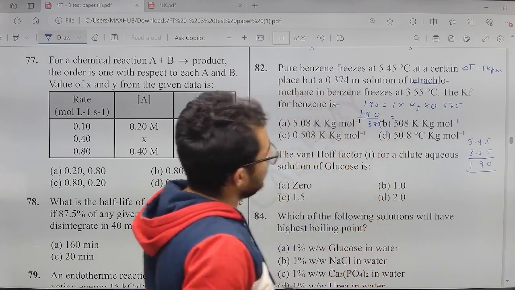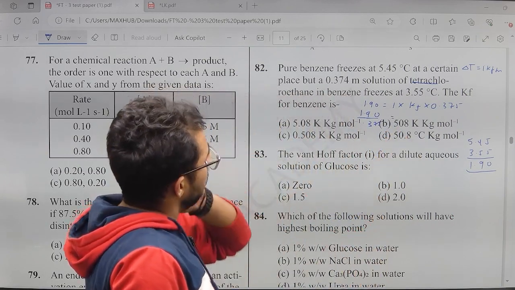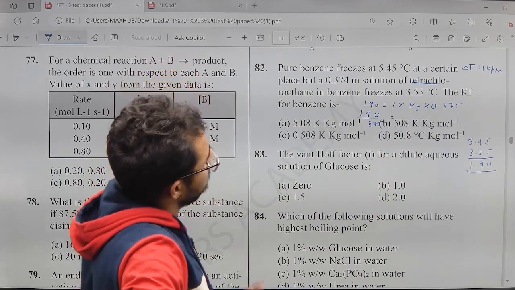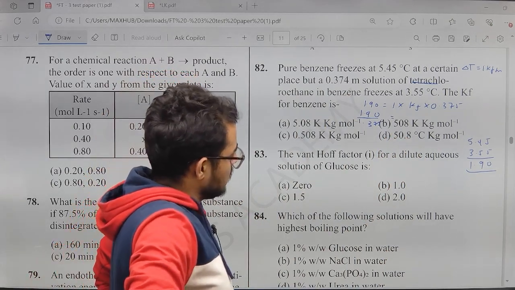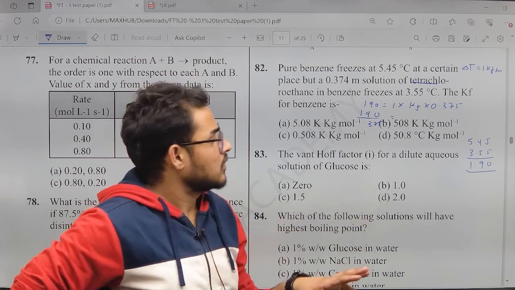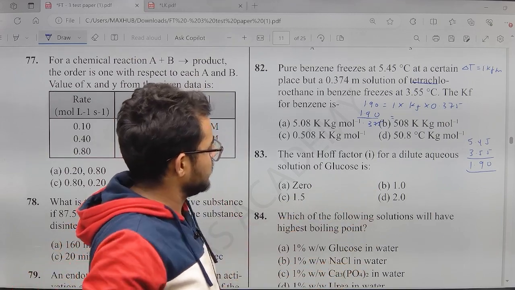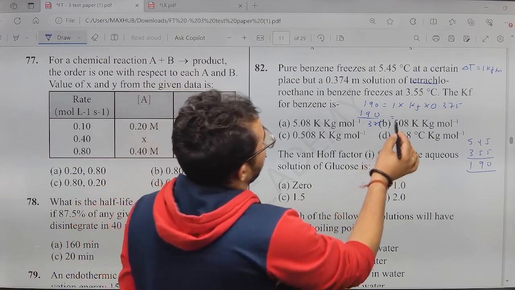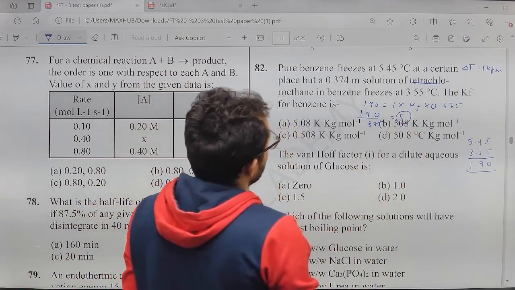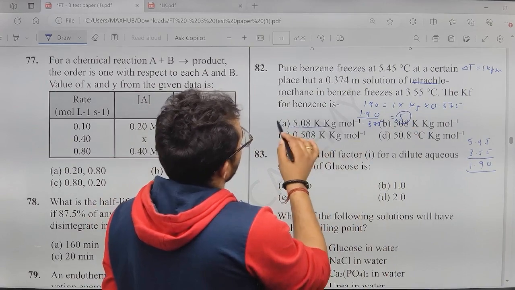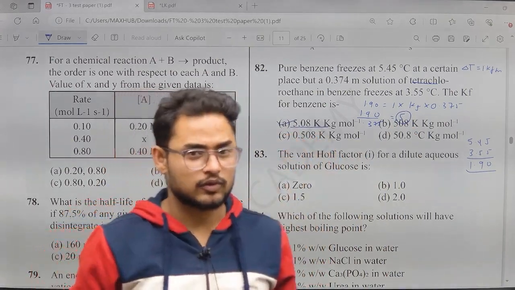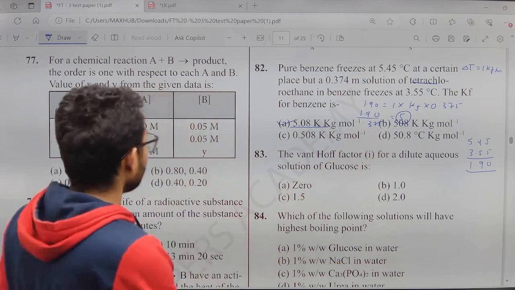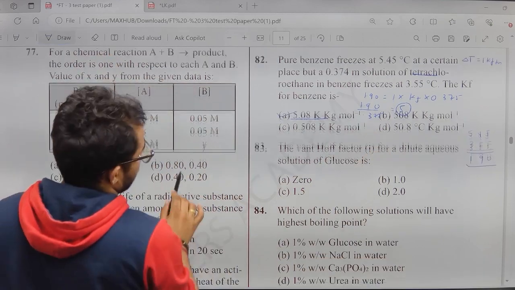If you see that, it will be 5 times, so obviously this will be the right answer. If you calculate 1.90 upon 0.375, it will be 5 times. Direct formula based question actually.